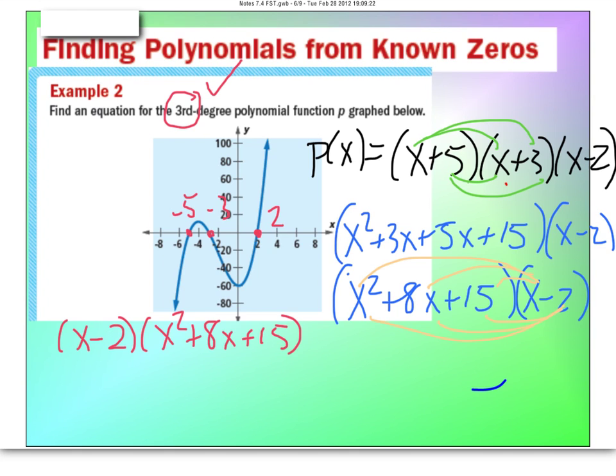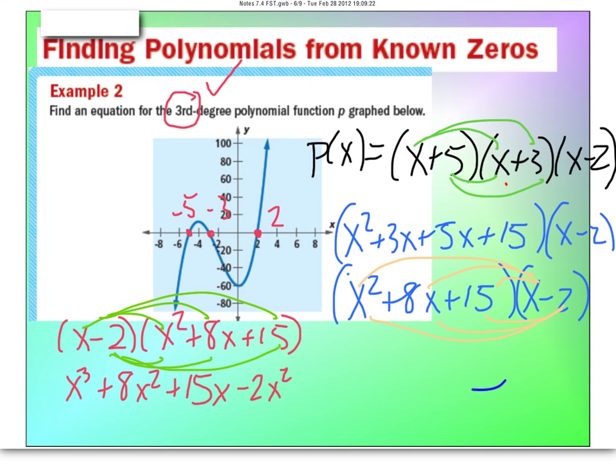So for this one, I'm going to take the x and multiply it here, and then the -2 multiply it through. So x and x squared is x cubed. And x and then positive 8x is 8x squared. X times 15 is 15x. -2 times x squared, -2x squared.